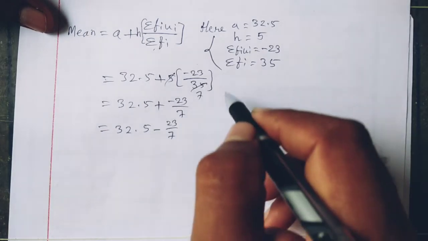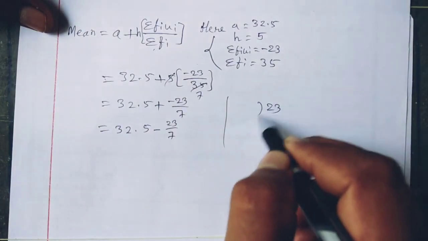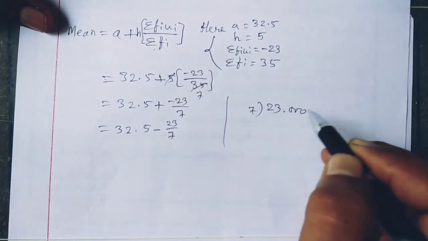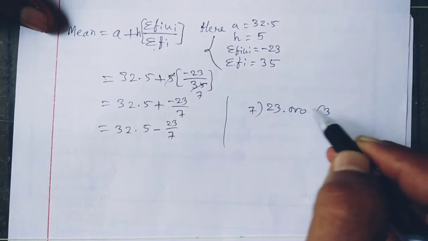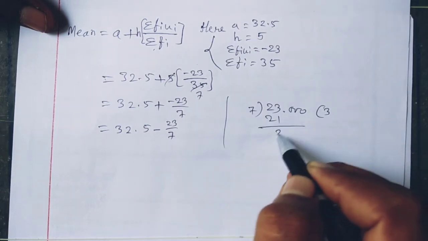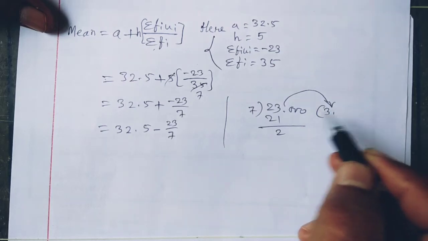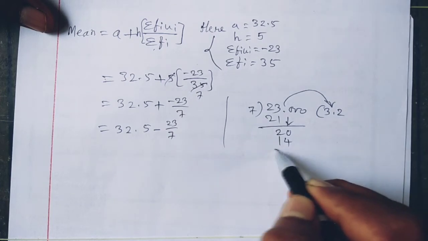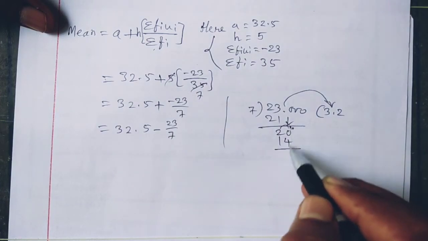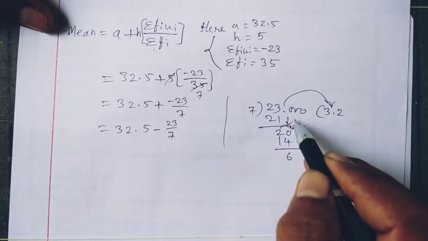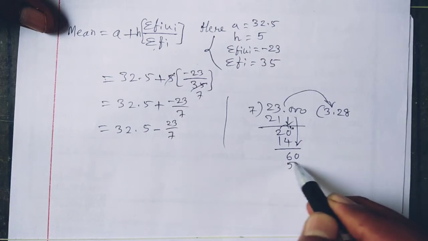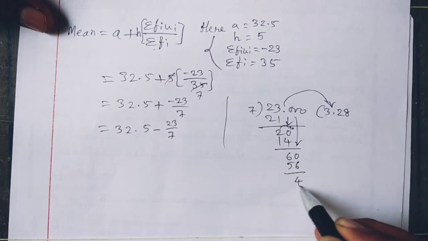We have to divide 23 by 7. 7 3s are 21, 2, keeping the decimal point in the quotient, then bring down 0. 7 2s are 14, 6, 0. 7 8s are 56, 4.